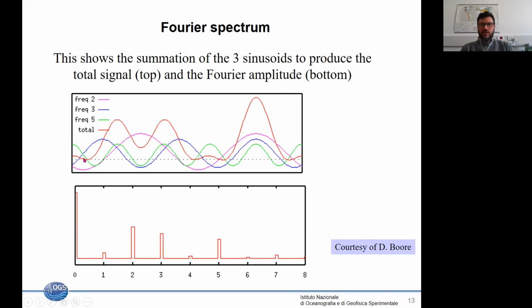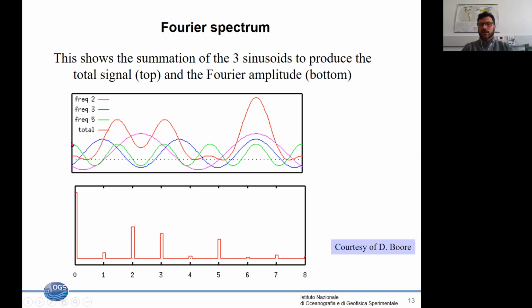And you see, combining them, just simply summing them up, you can immediately see the red curve. So this could be an example of a signal that is generated by the combination of different signals with different frequency, with different amplitude, and you see here different phase.